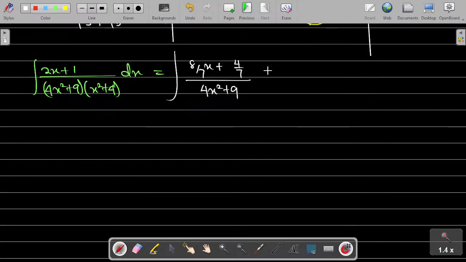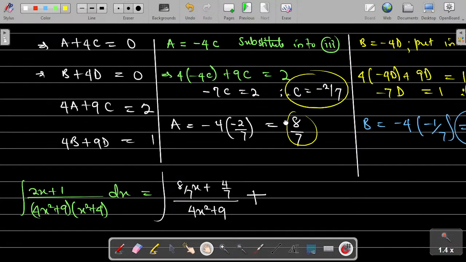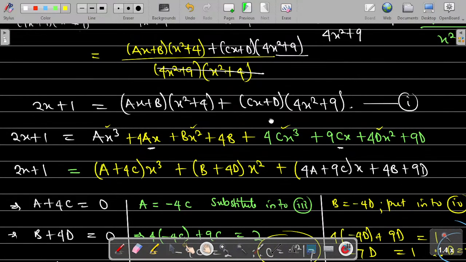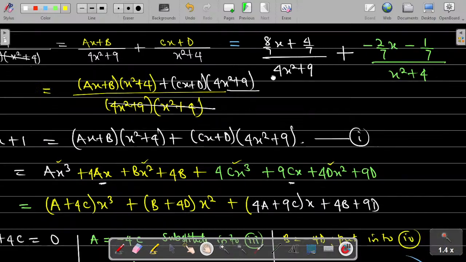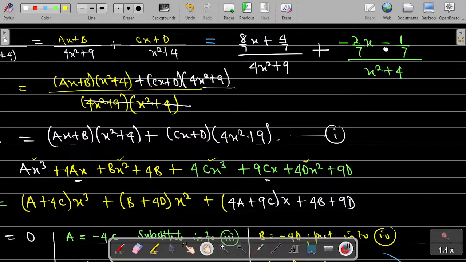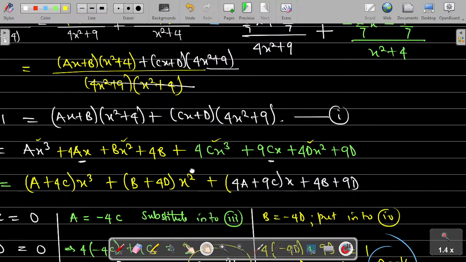Then we have plus, okay, so if you come up here, you will see there is minus here and there's minus here. So I can factorize out minus, and that will change this plus to minus, and then this one will become plus plus.